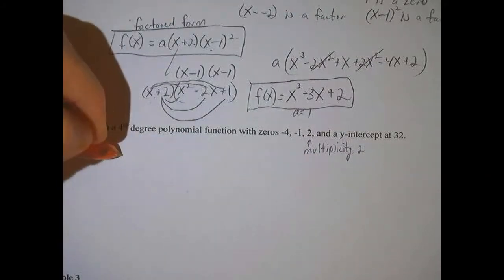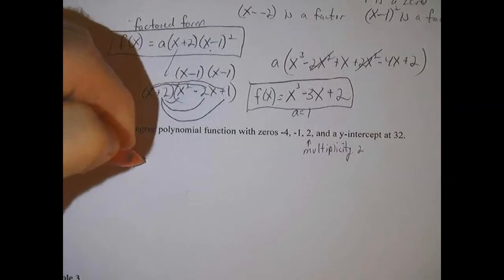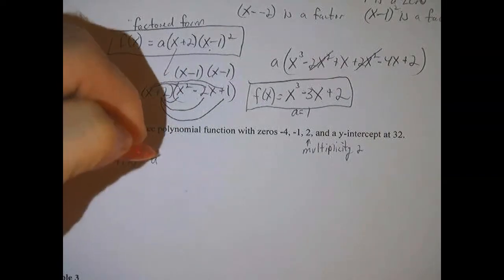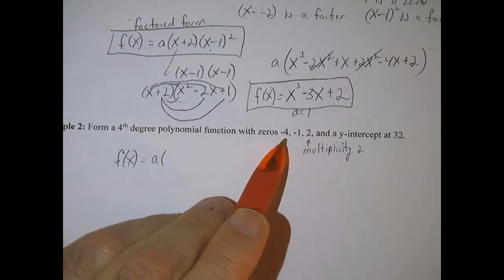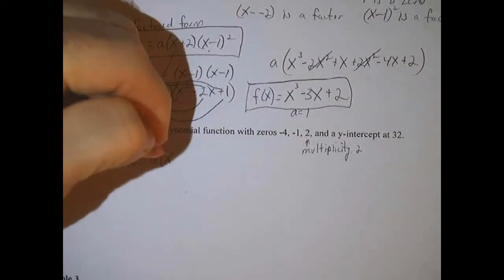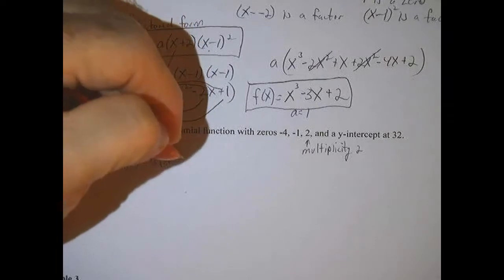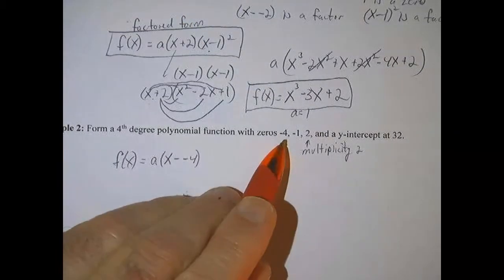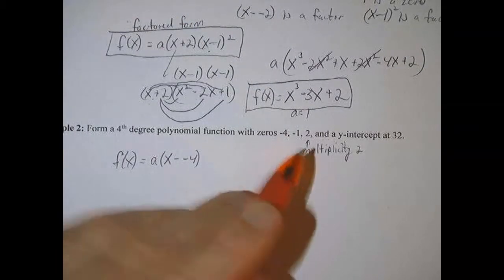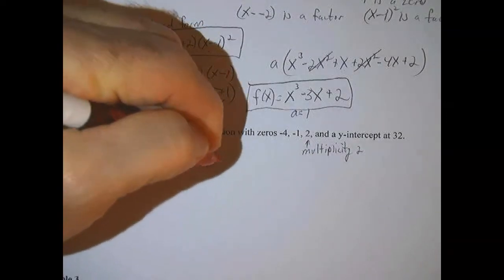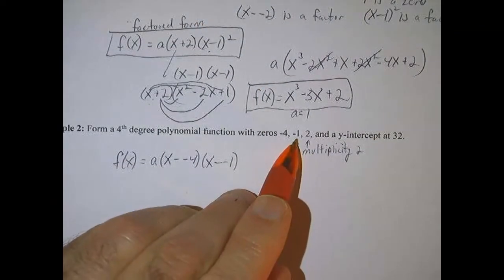So we're going to write f of x equals a. The first factor is x minus negative 4. Remember, it's x minus the zero, or x minus the root, so x minus negative 4. And that has a multiplicity of 1. x minus negative 1 also has a multiplicity of 1.